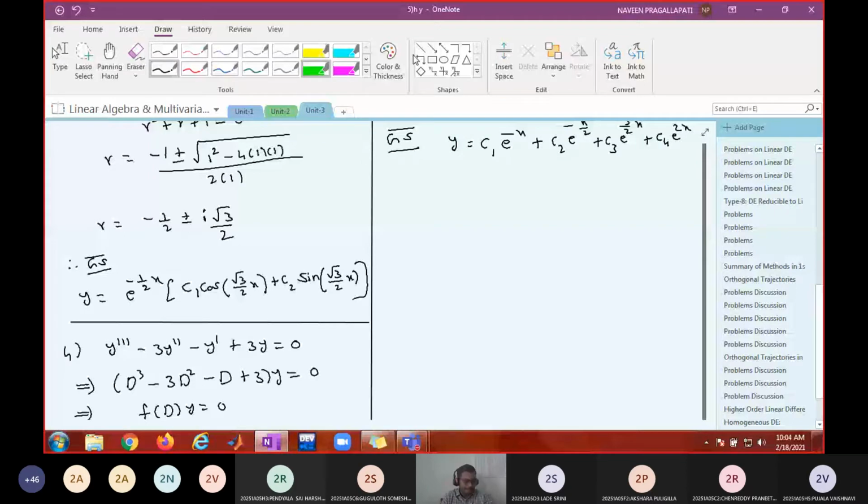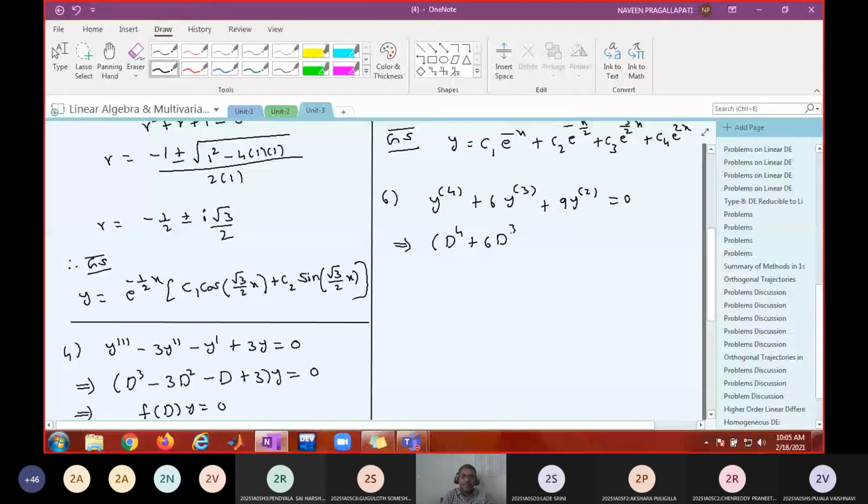Shall I proceed? Yes, sir. Next: fourth derivative of y plus 6 times the third derivative of y plus 9 times the second derivative of y equal to 0. So this is D power 4 plus 6D cube plus 9D square of y equal to 0.